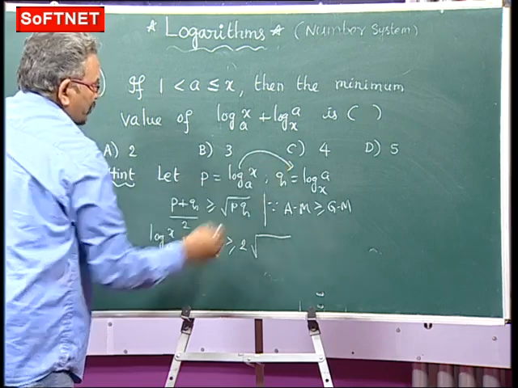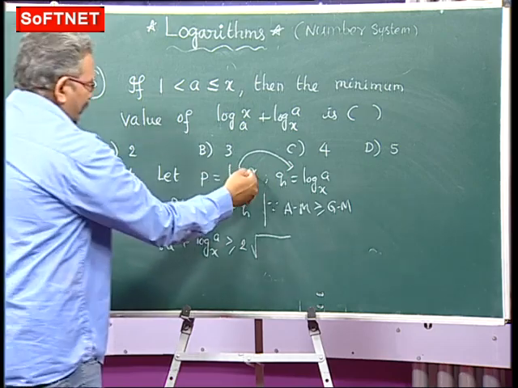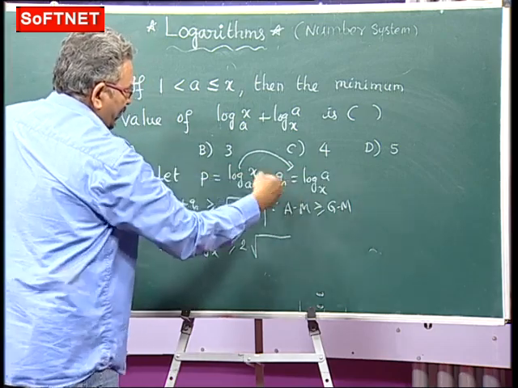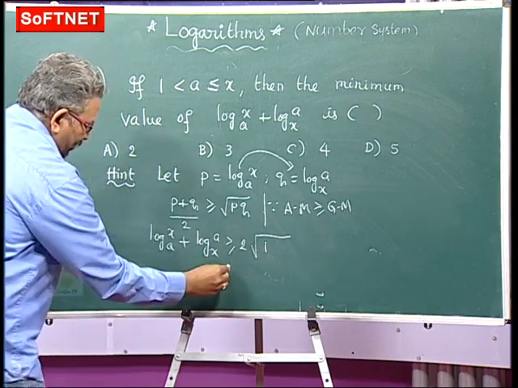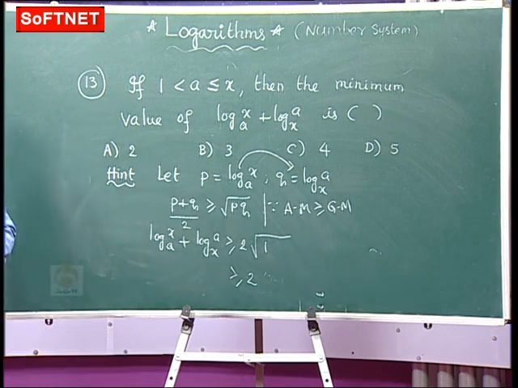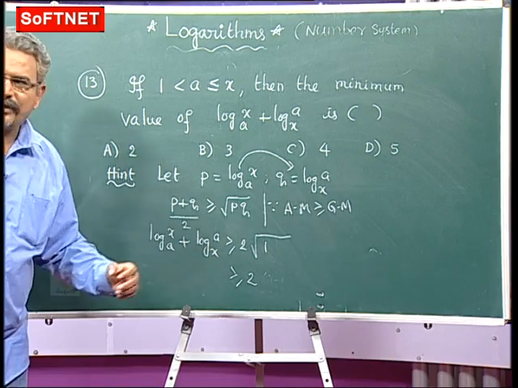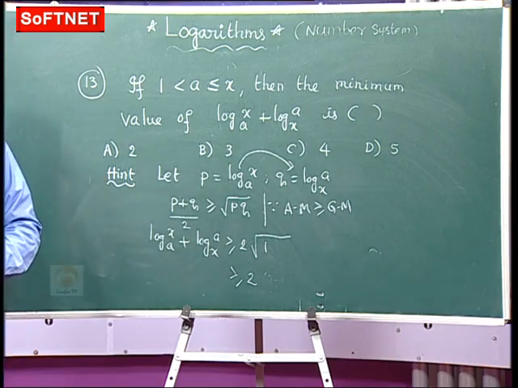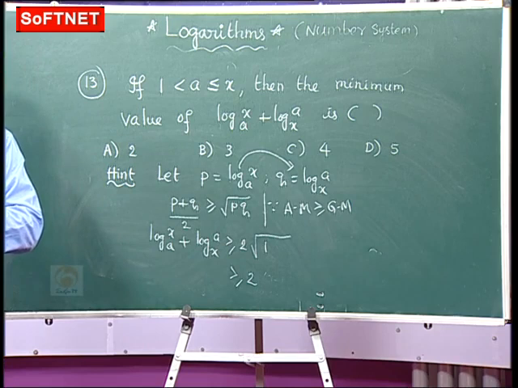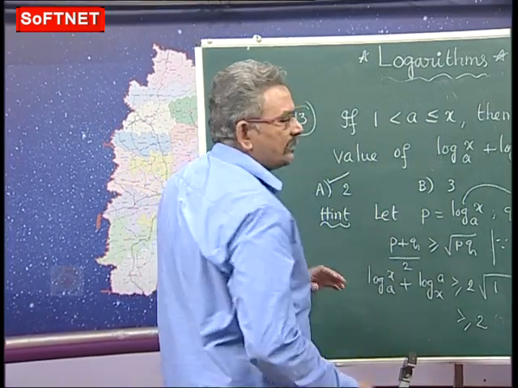If you multiply these two, what do you get? That is log x by log a into log a by log x. Cancel, you get 1. So that is greater than or equal to 2. That means the log x base a plus log a to the base x takes the values from 2 to infinity. So which will be the minimum? It is obvious. 2 will be the minimum value. So a will be the right option.